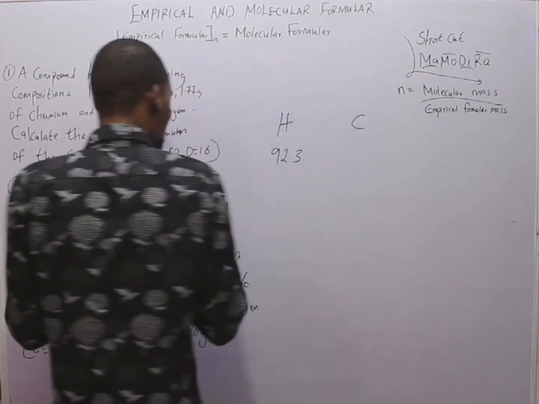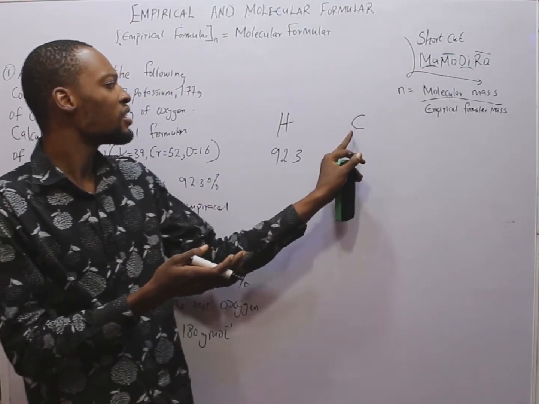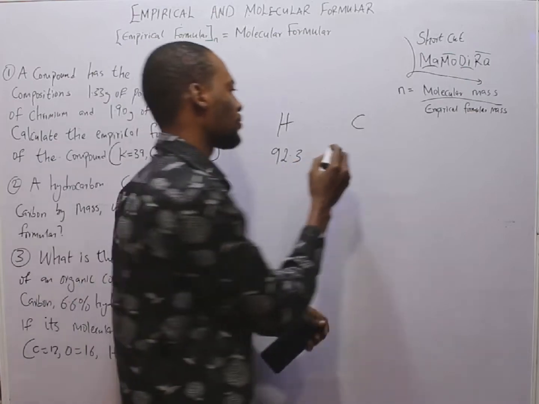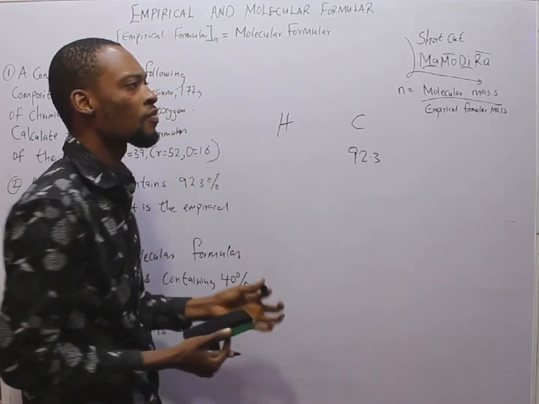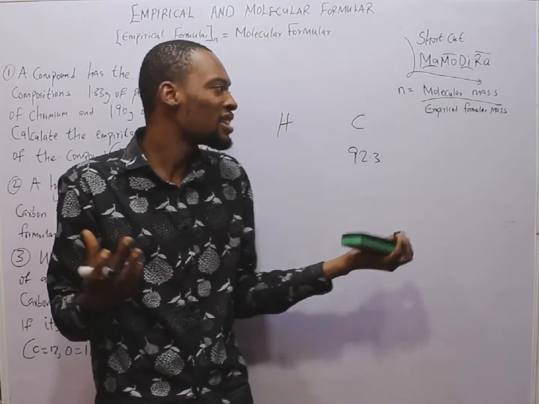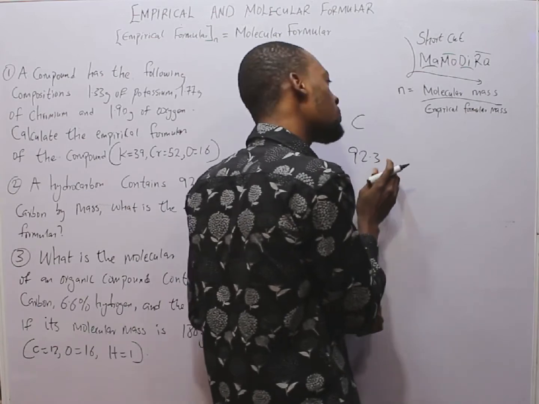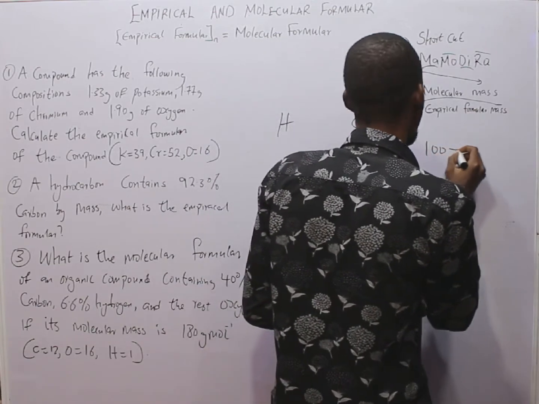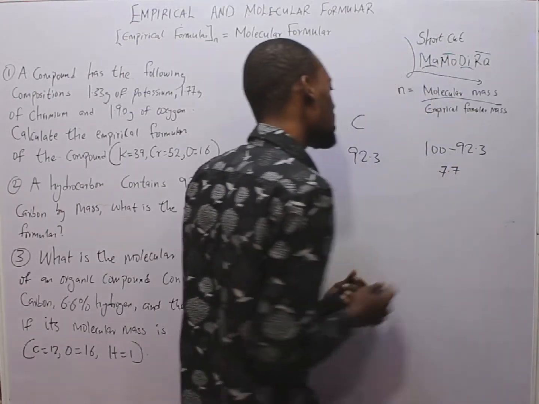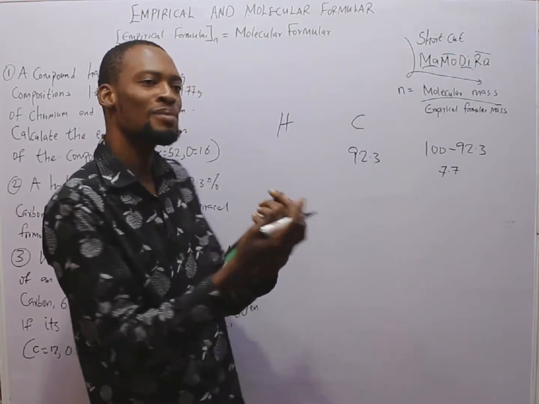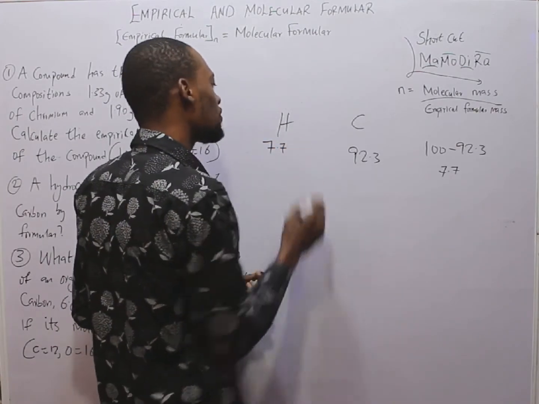If carbon is 92.3%, what will the percentage of hydrogen be? Remember, the maximum percentage you can have is 100%. So this one has already taken 92.3%. Therefore, 100 minus 92.3%, that should give you 7.7%. So the percentage by mass of hydrogen is simply 7.7.